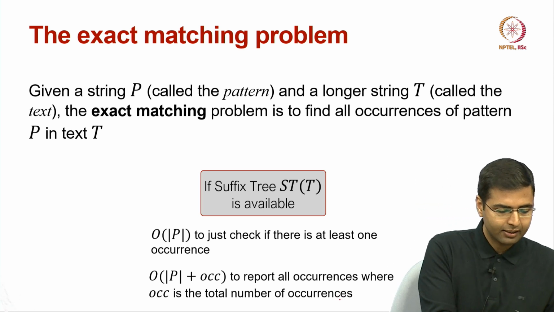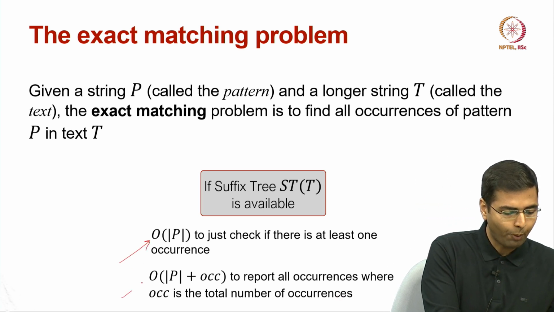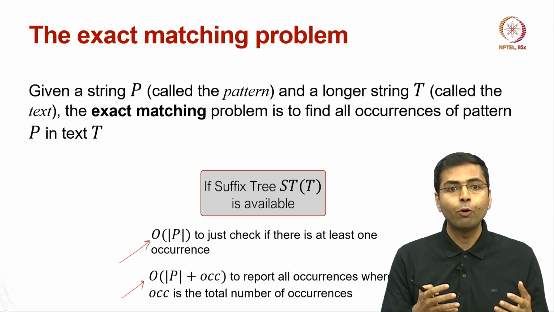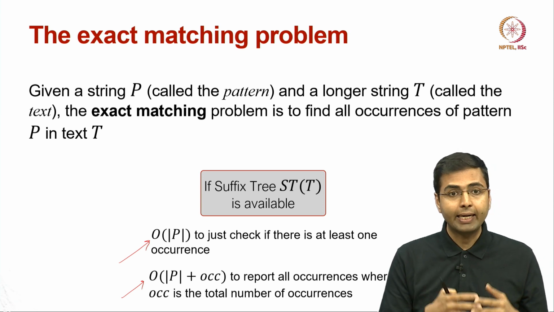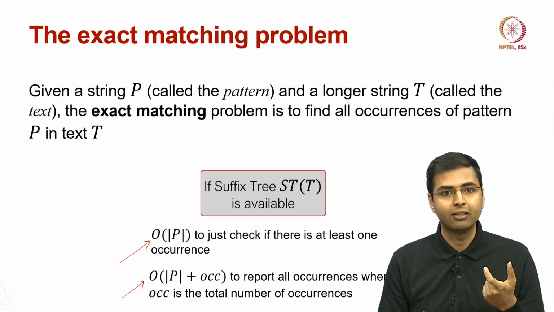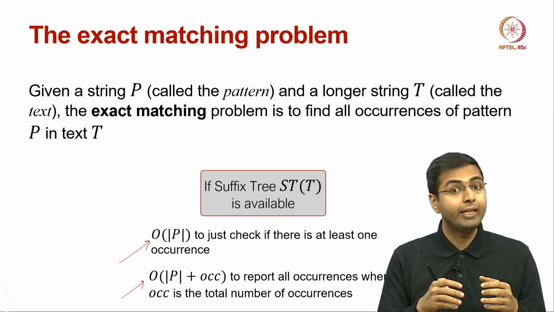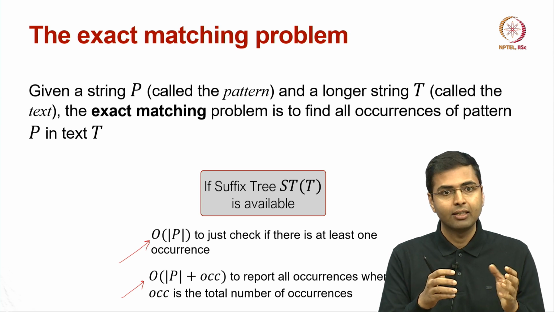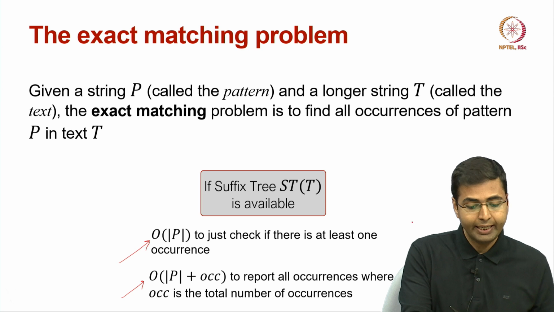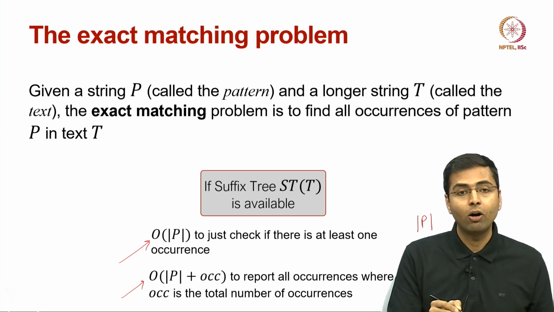Now observe that these runtimes are already optimal, because in terms of input-output complexity, we have to at least read the pattern p. The text t was known to us in advance, but the pattern p is just given to us now. So we have to at least read the pattern, which takes order p time.